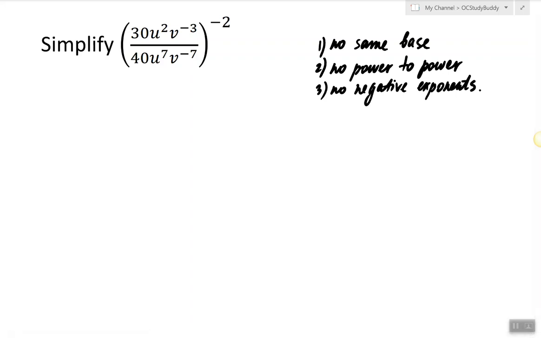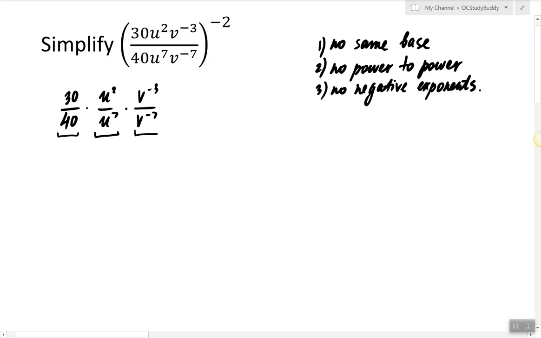So first, what I want to do is simplify the expression inside of the parentheses. And if I write it out and separate the variables from one another and from the coefficient, then I can focus on each of these parts separately.